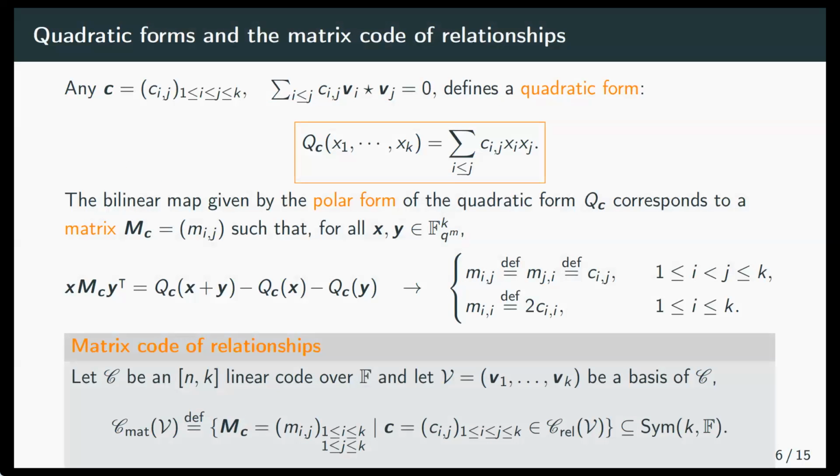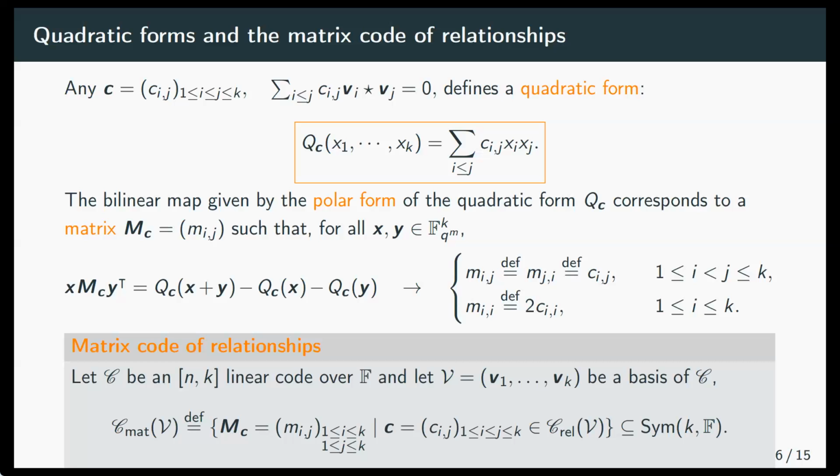Now, we can associate a quadratic relationship with a quadratic form in the trivial way. So the coefficient c_ij becomes the coefficient for X_i X_j. And then we can define a matrix M_C such that for all x and y, that equation is satisfied: x M y transpose is equal to the polar form of Q. And the matrix that comes out from this condition is defined in the following way.